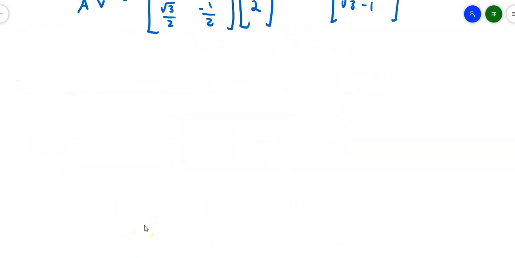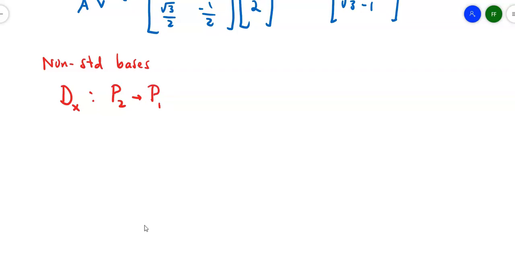Let's take a look at one other thing, and that is non-standard bases. I don't want to go too deep into this, but I do want to at least give you an example of what it looks like. So suppose I have some operation, I'm going to call it d sub x, and that maps elements in P sub 2 onto P sub 1.